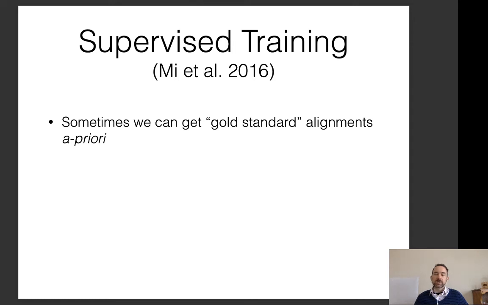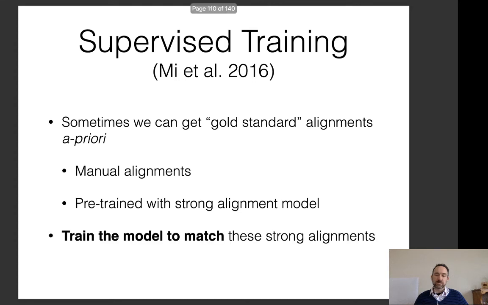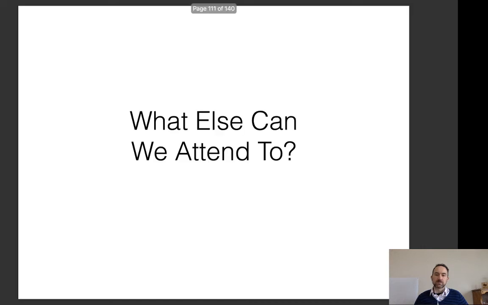Sometimes we can get gold standard alignments a priori, like having humans annotate which words they think are important for translating other words, or maybe we could do this heuristically by finding identical words in the source and target and making sure that they get aligned to each other. Alternatively, we could have a strong pre-trained alignment model, and then train the model to match these strong alignments by adding supervision.